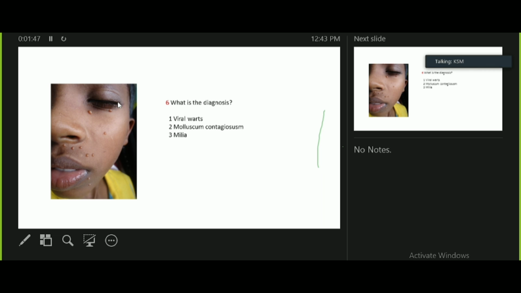Easy one. Diagnosis here, molluscum contagiosum. You see the dome-shaped pearly pink papules with umbilication centrally, caused by pox virus.